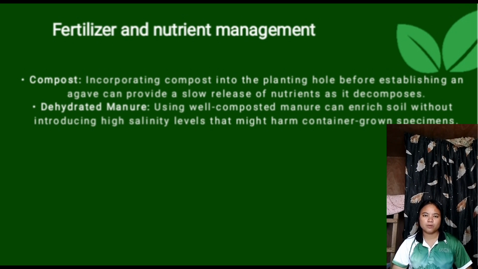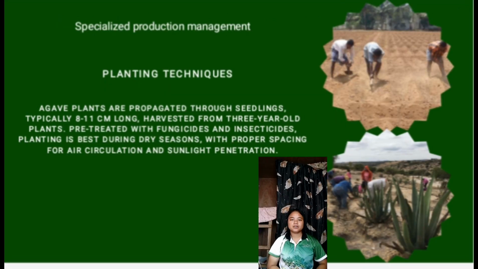Using well-composted manure can enrich soil without introducing high salinity levels that might harm container-grown specimens. For specialized production management, the planting techniques: agave plants are propagated through seedlings, typically 8 to 11 cm long.